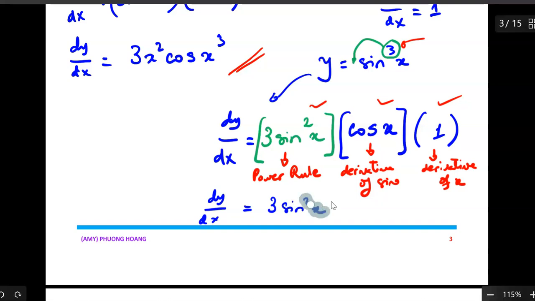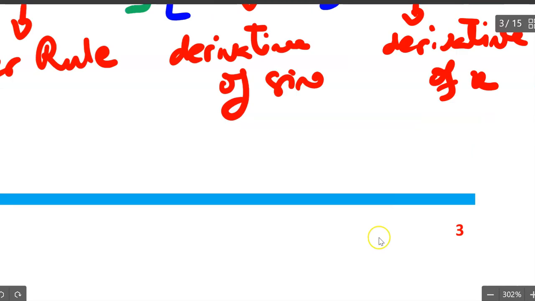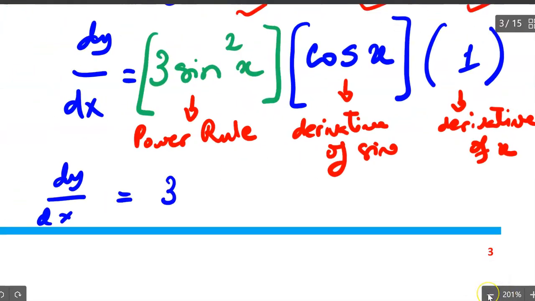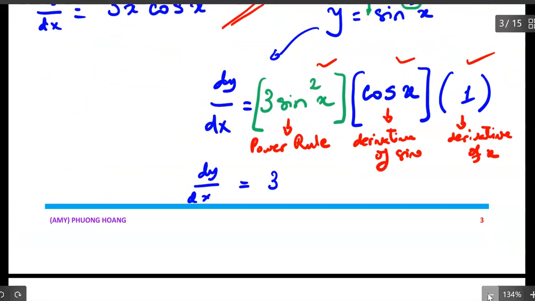So if I rearrange my terms, I will write it as 3 times cos of x times sine square of x as the final answer.